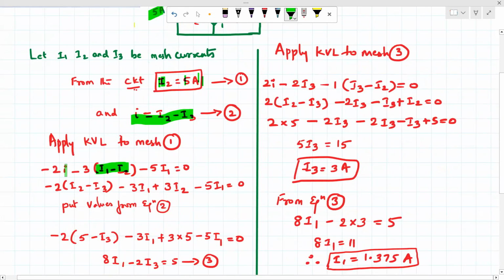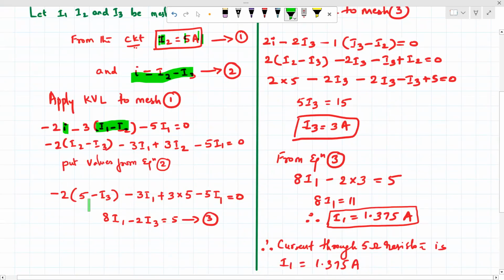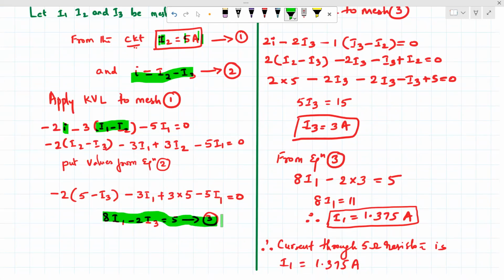Substitute the value of I from equation number 2, which is I2 minus I3 for small I. Then rearrange in terms of I1 and I3 and call this equation number 3.